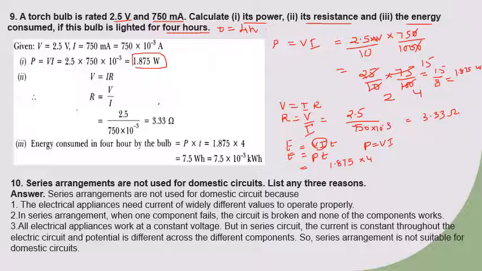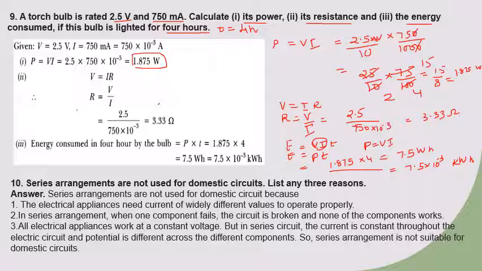If I multiply these two values, I am getting 7.5 watt hour. So I need to convert it into kilowatt, so I can write 7.5 into 10 to the power minus 3 kilowatt hour. When you divide 7.5 by 1000, that becomes 10 to the power minus 3 when you write it at the numerator. So this is how we are going to solve this sum.